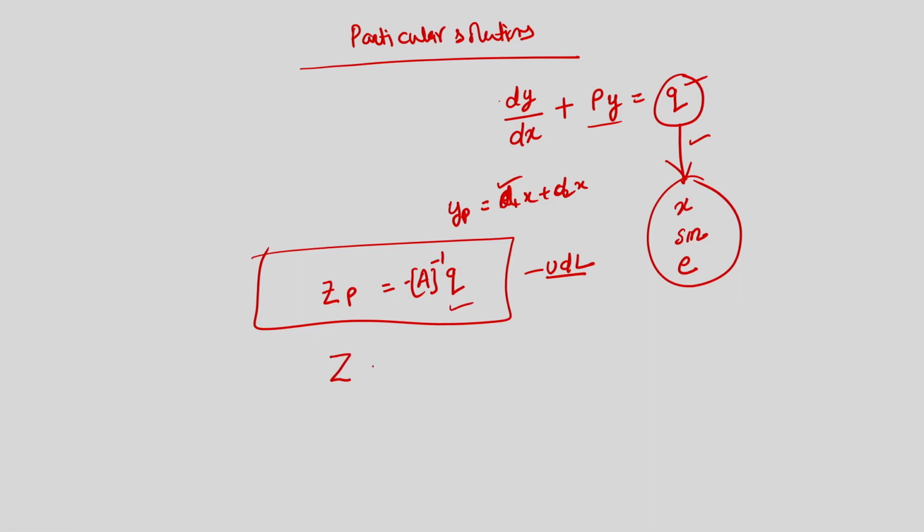So now we can say that the total solution will be C matrix and e raised to power of lambda x plus some arbitrary constants, let us say R1 and R2, plus ZP, which is known to us. So this is the arbitrary constant.